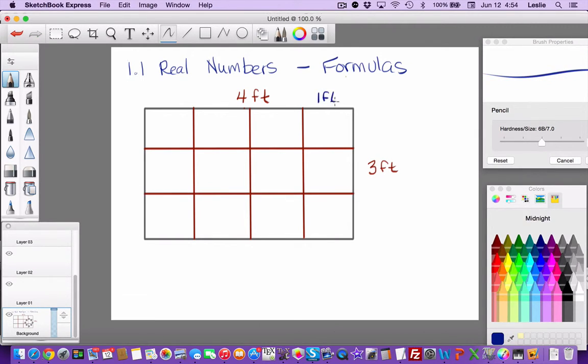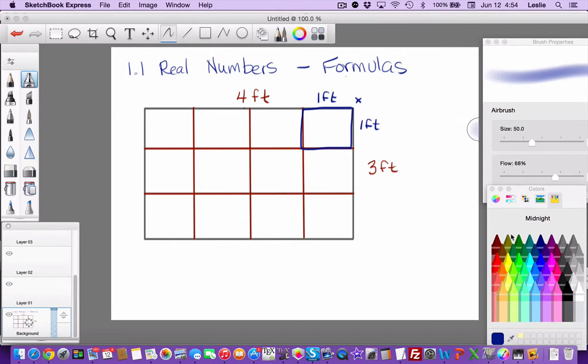That means that each of these squares is 1 foot by 1 foot. So for each one of these smaller squares, 1 foot by 1 foot, what's inside that is 1 square foot.